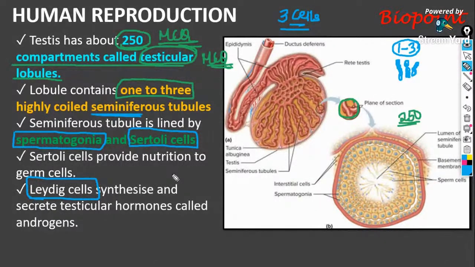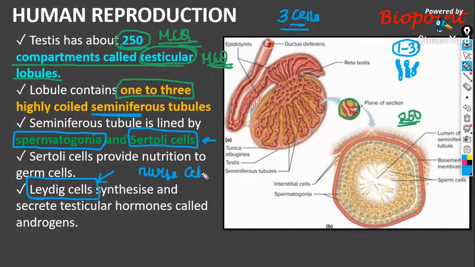Those students who have attended my class of how do organisms reproduce, of the BioPoint class right from the start, will have got this point about Sertoli cell and Leydig cell. Abhijit, do you remember? Sertoli cell is known as the nursing cell that nourishes the sperm. Right, I have told you.